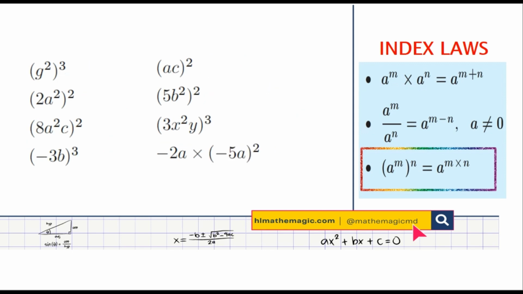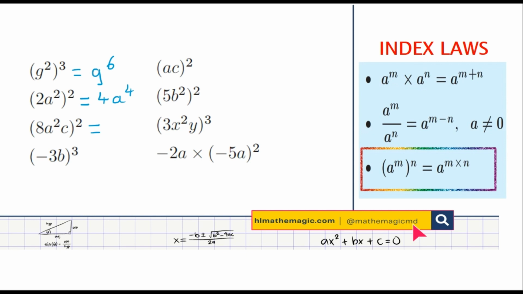And let's start with the first question here, which is g squared cubed. Which is going to give you g to the power 6, followed by 2a squared squared. Now 2 squared is 4, and then we have a squared squared, which is a to the power 4.